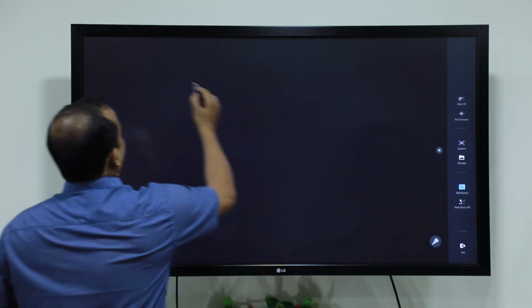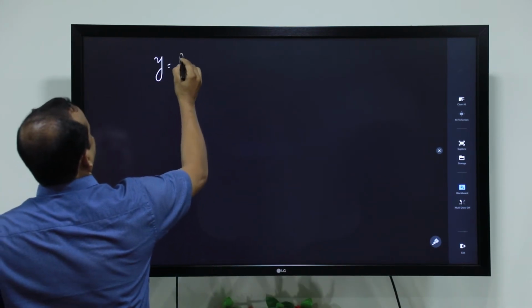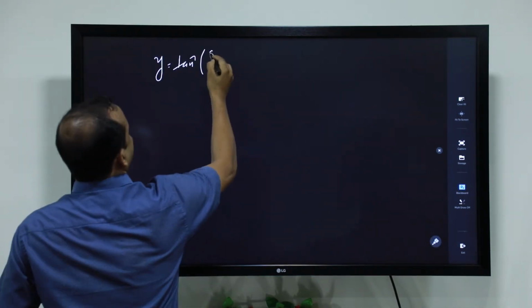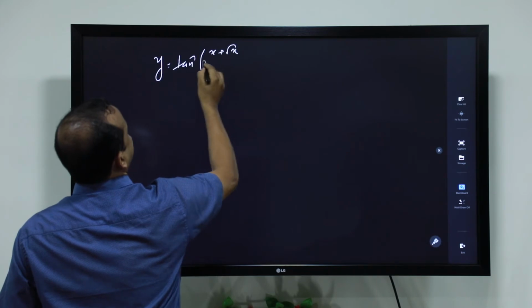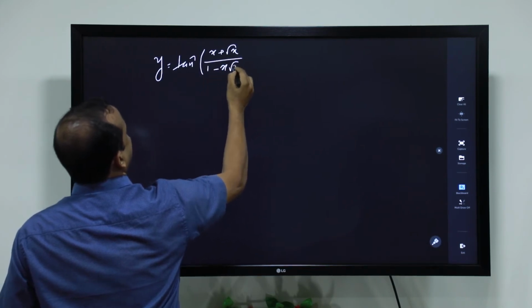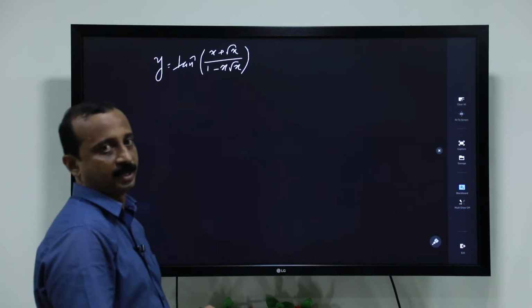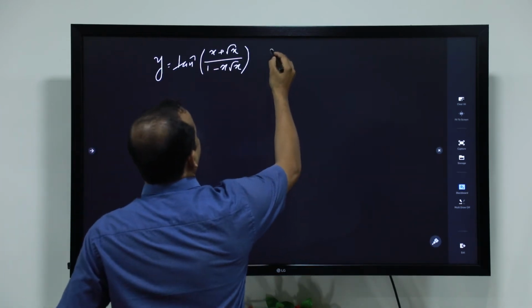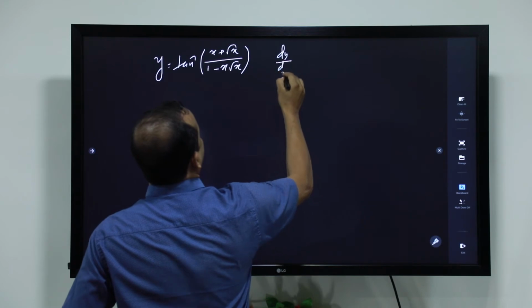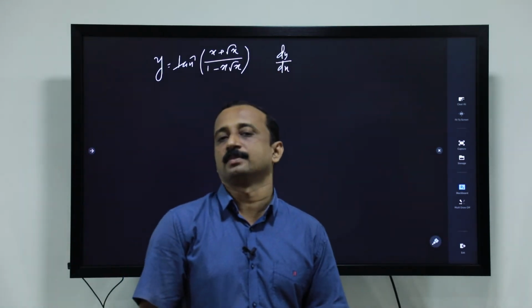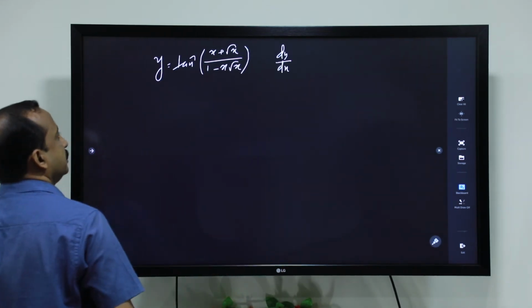Our next question: simplify y equal to tan inverse of (x plus root x) divided by (1 minus x into root x), and then find its derivative dy by dx.